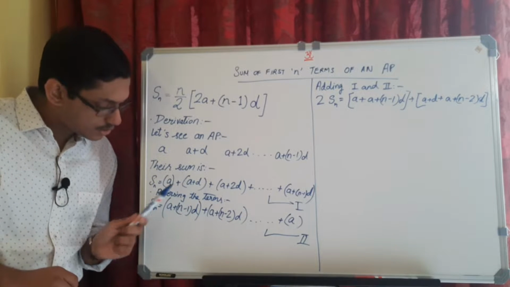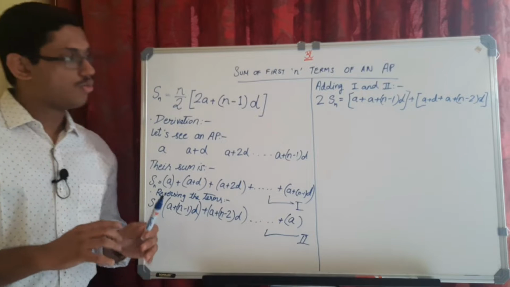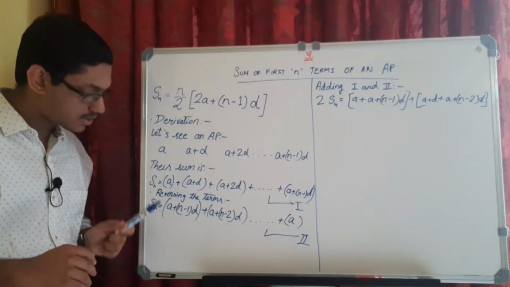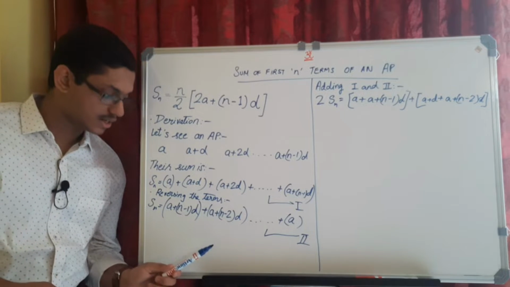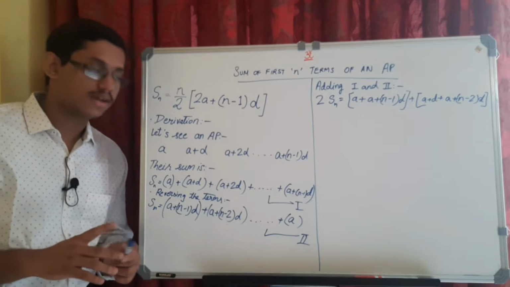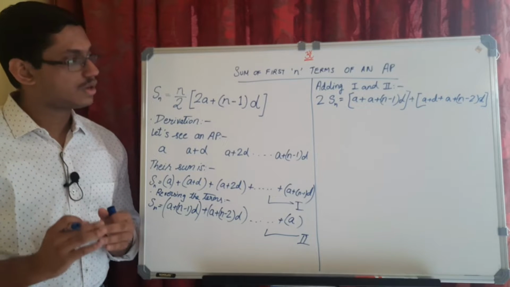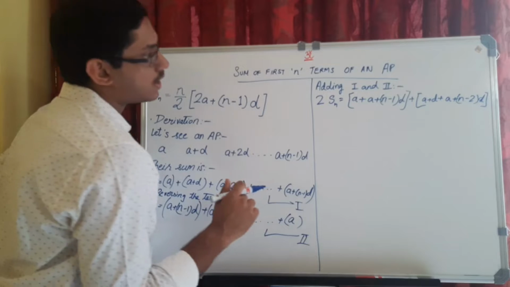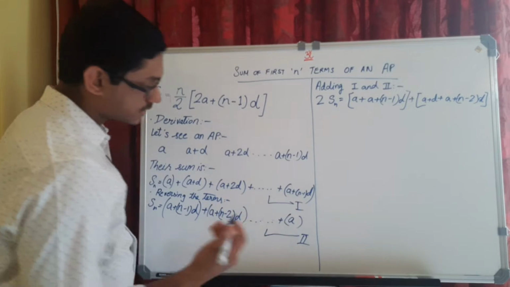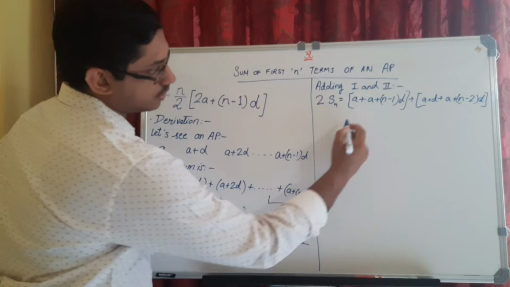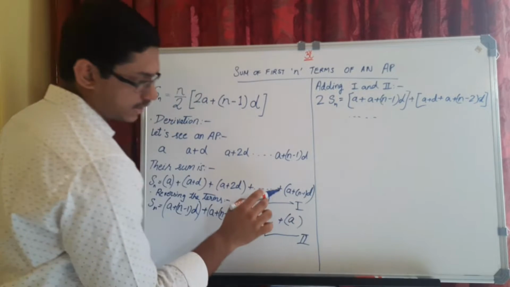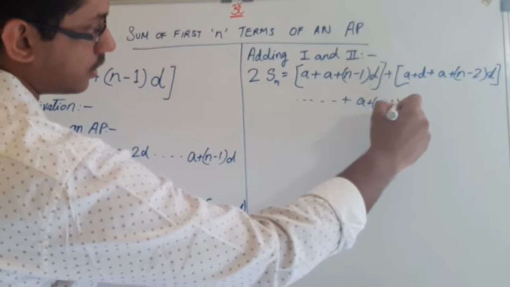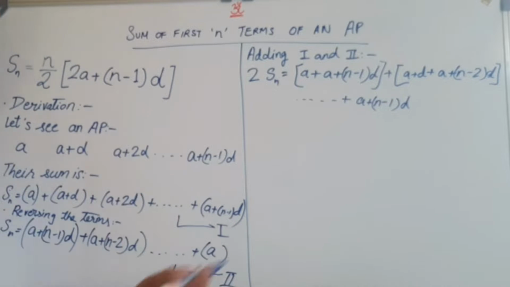Do not add this with this. No, that is wrong. Whenever we have to add an equation, we have to take first term with first term, second term with second term, third term with third term. Like this we have to continue. So this happened. Now we will have to simplify it. Let's add the last term also. We put dots and the last term is plus (a plus (n minus 1) d), last term plus a.